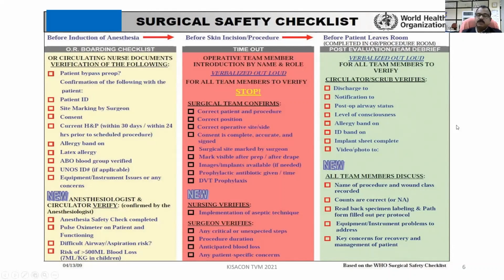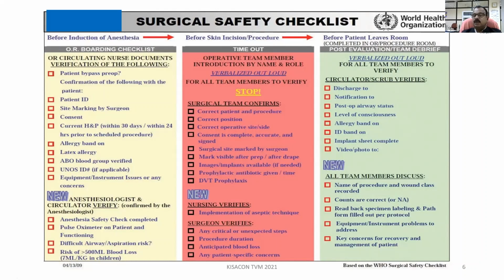In the time out procedure, that is just before the surgery, we need to confirm the patient, procedure, position, and the consent, site marking, antibiotic prophylaxis, DVT prophylaxis, aseptic techniques implementation, and blood loss anticipation, etc. Then we go on to the surgery, and the prophylactic antibiotic is also given prior to the surgery within 60 minutes of the incision.